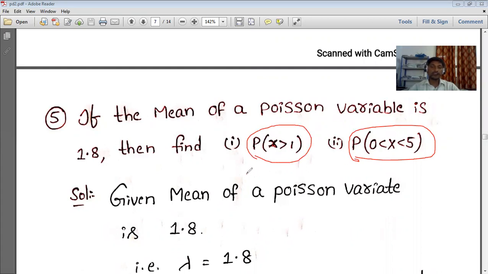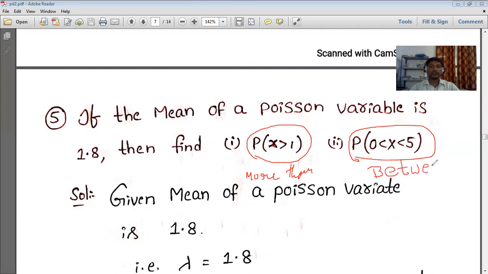How many are asked, in word notation? This is the greater than symbol. For that we can write in word notation as more than, or simply greater than. And next, 0 less than x less than 5, we can write that as between.